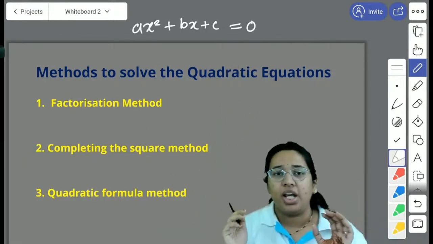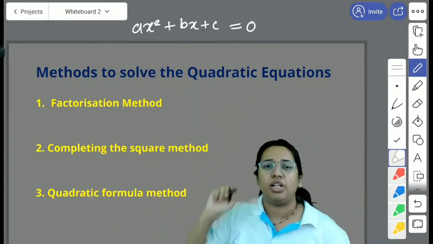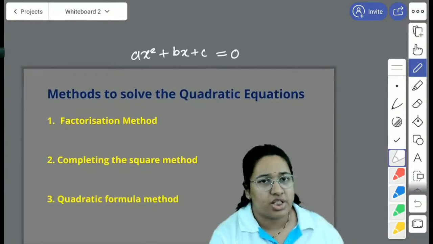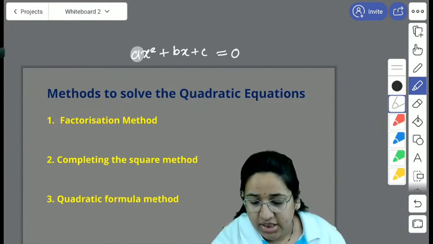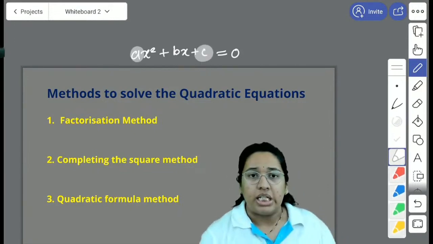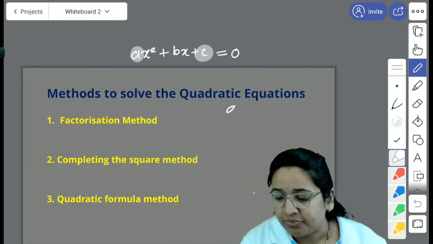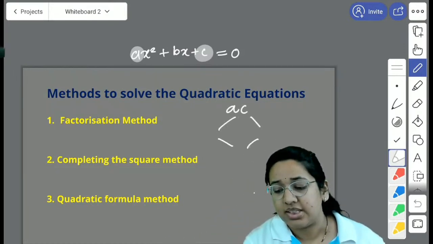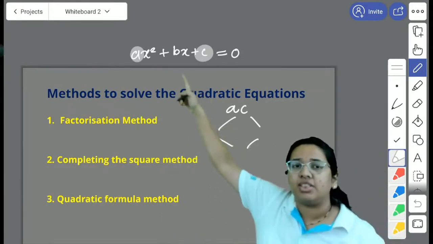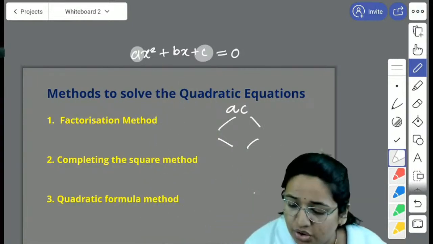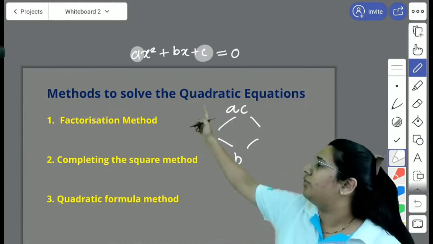We have to consider the product of the constant term and the leading coefficient, with its sign, such that we find factors of this product which will give us addition as the coefficient of x.